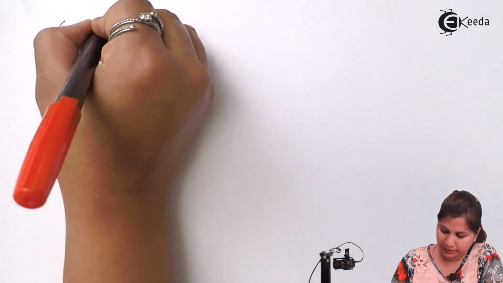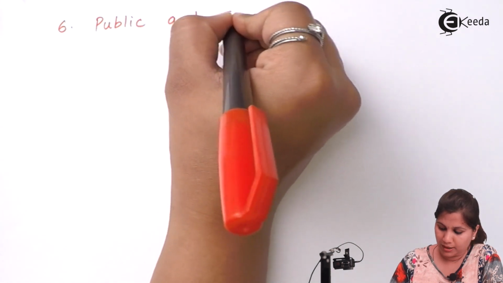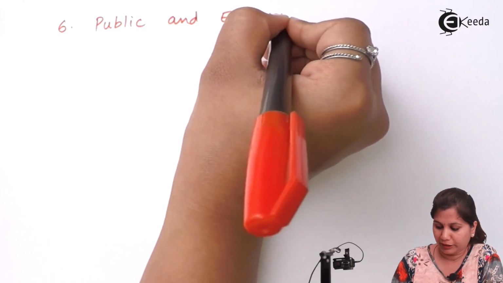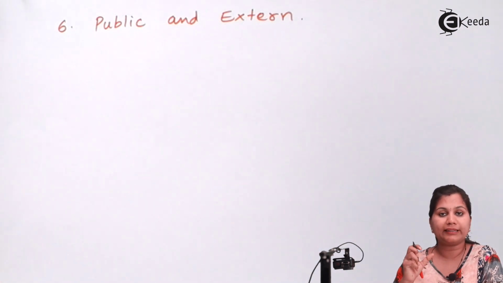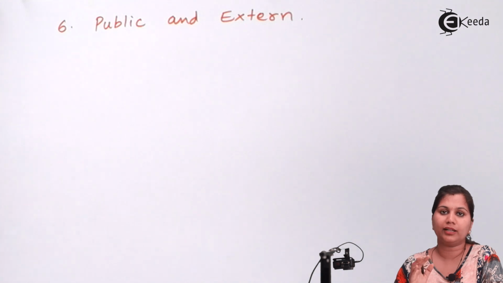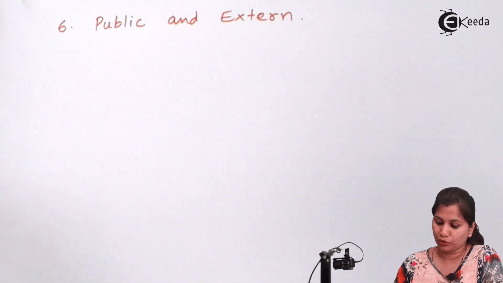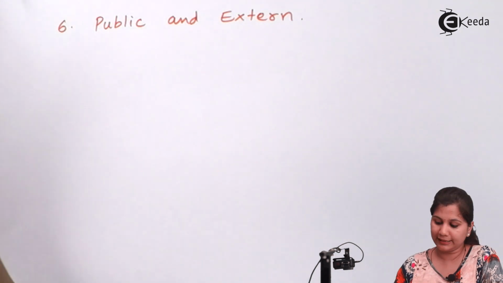Next assembler directive is public and extern. Suppose that in a program we are defining a variable and this variable is to be used in some other file also. So we will define that variable as public and that variable can be used in any of the files in the 8051. So public is used to define a variable for all the files.